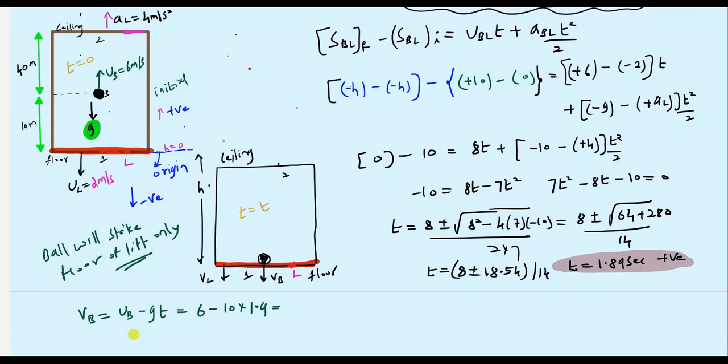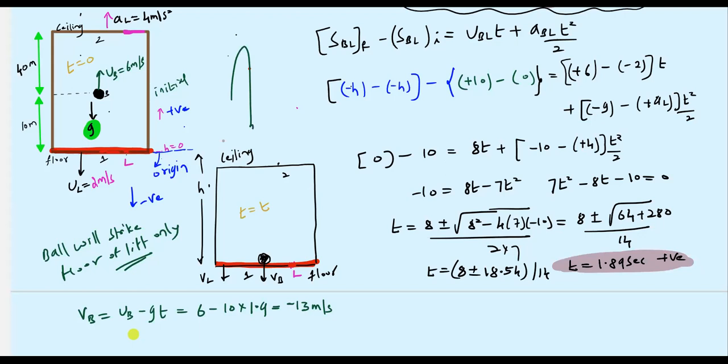So this will be 19. 19 minus 6 will be minus 13 meter per second. So how will the ball be moving? It will be moving vertically down. So inside, what actually happens to the motion of the ball? It will be moving, then it will be descending.